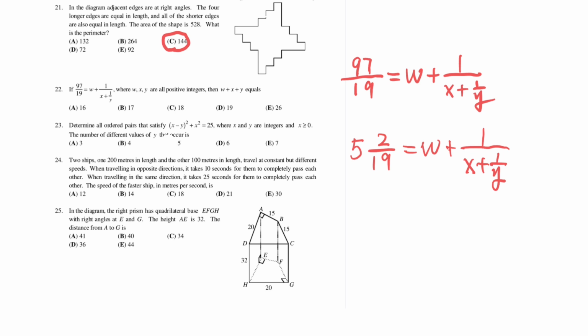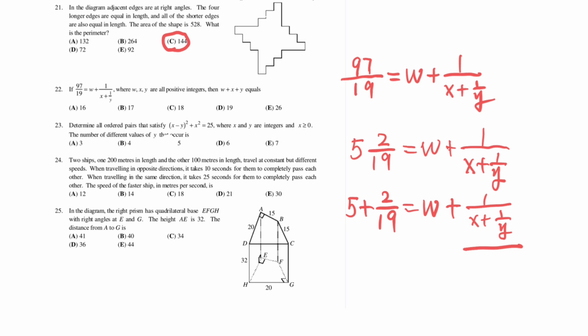So 5 plus 2 over 19 equals w plus 1 over x plus 1 over y. So this part is the fraction part. It's definitely a fraction, because x, y, w are integers.